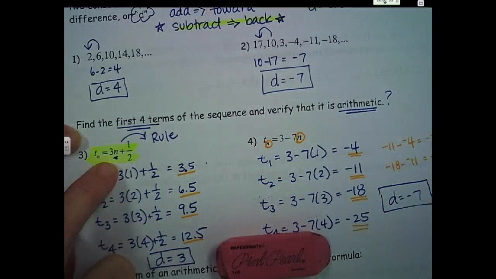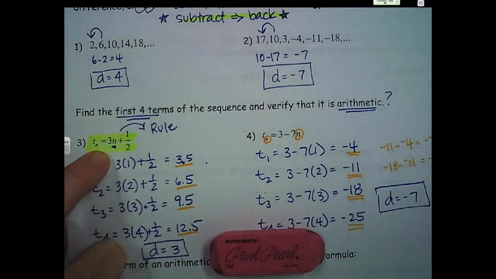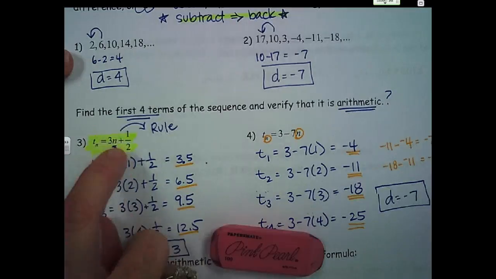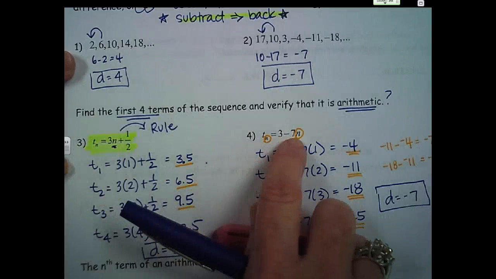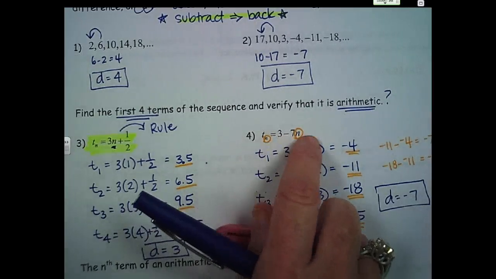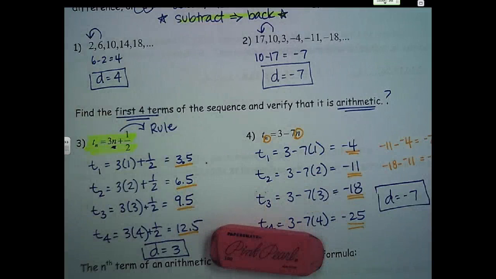We found the rule, and if I wanted to find the 100th term, I would just plug 100 into my little function box. This was the rule. I multiplied the number by 3 and I added 1/2. Over here, I multiplied it by negative 7, so I did 3 minus 7 times n. That's the rule.